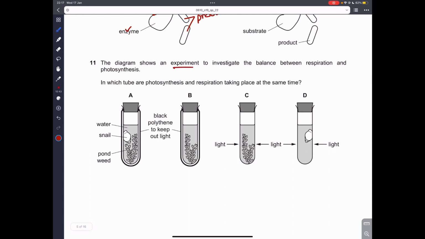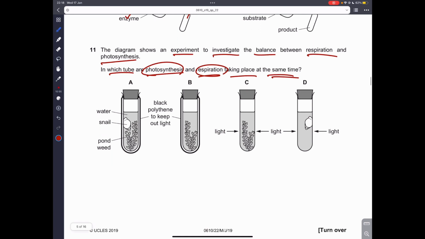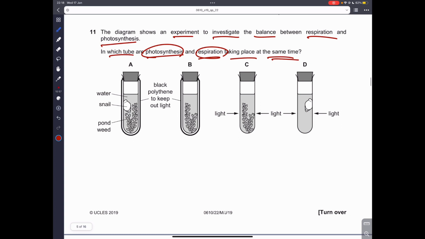Question 11. The diagram shows an experiment to investigate the balance between respiration and photosynthesis. In which tube are photosynthesis and respiration taking place at the same time? Now for this question, we have to know what photosynthesis and respiration are. Now photosynthesis is when carbon dioxide is being taken in with water.